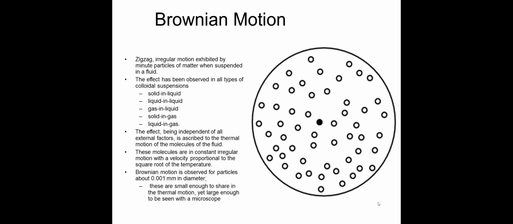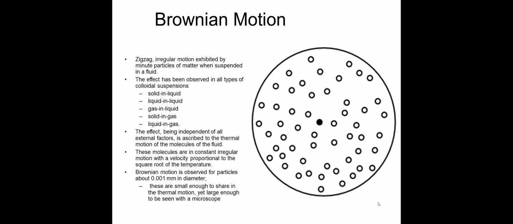Now, I'm sorry that my figures are not working for you, but what you should see over here to the right in the circle is all of these circles vibrating together. They kind of zigzag in an irregular motion, and this is common in minute particles that are suspended in a fluid. And this effect is observed in all types of colloidal suspensions.